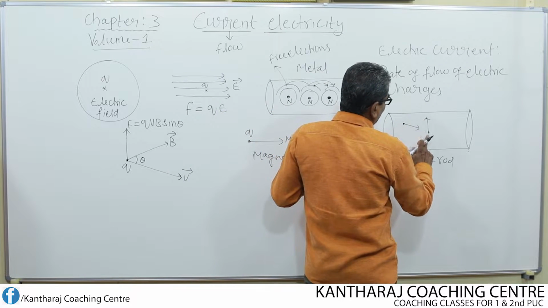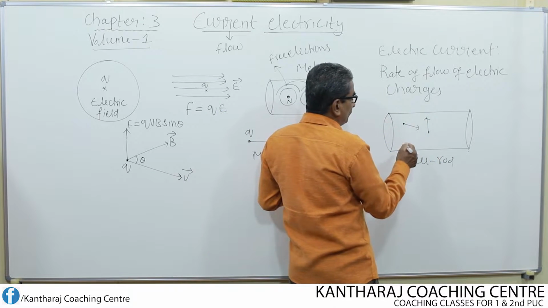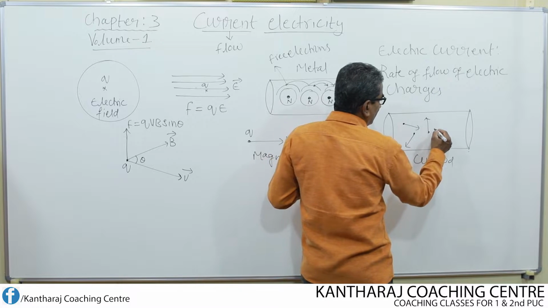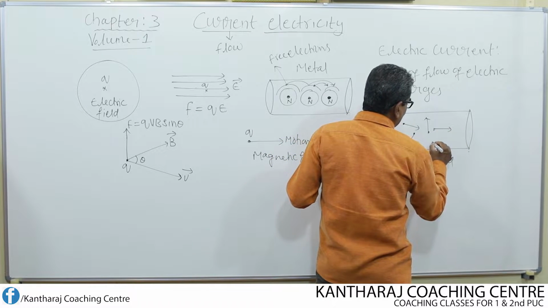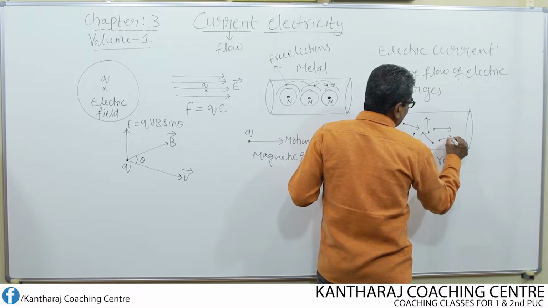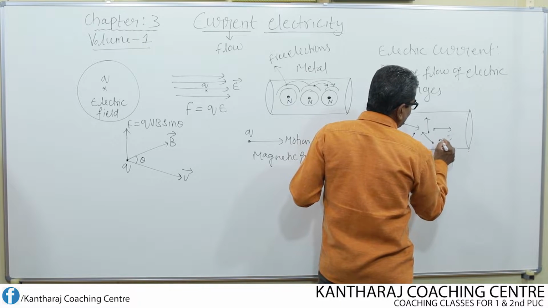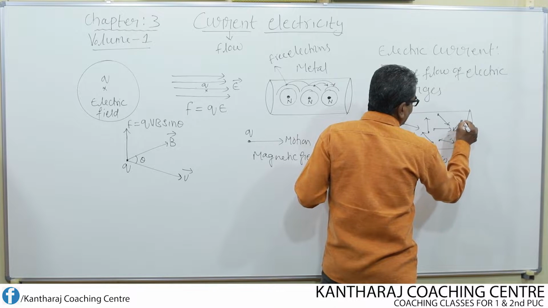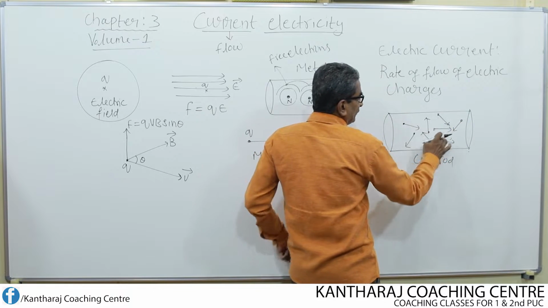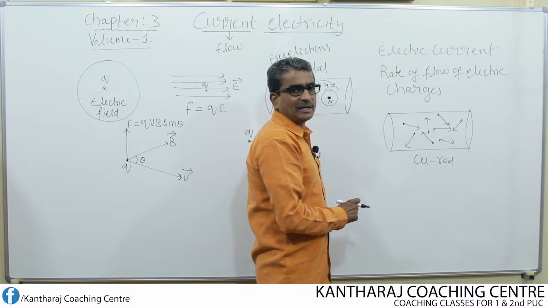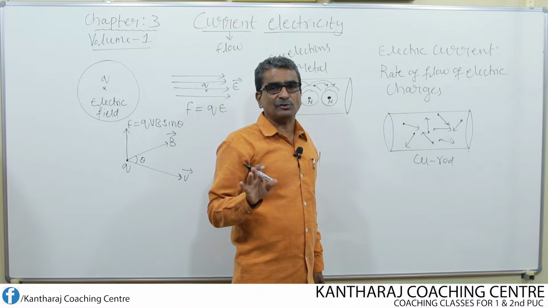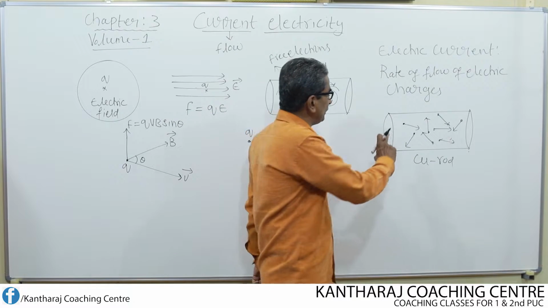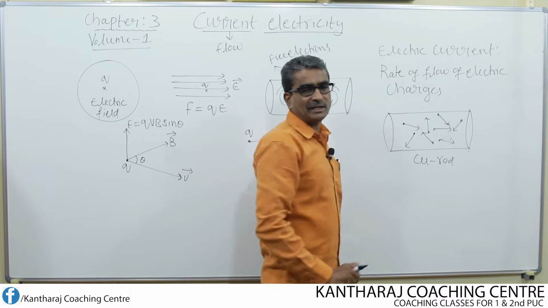So one electron may move like this, another like this, one more like this. They move in different directions. So the motion of the electrons in random directions does not constitute any current. That means it does not produce any current in this metallic rod.